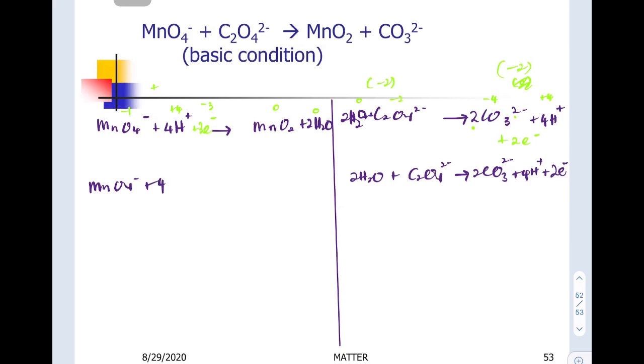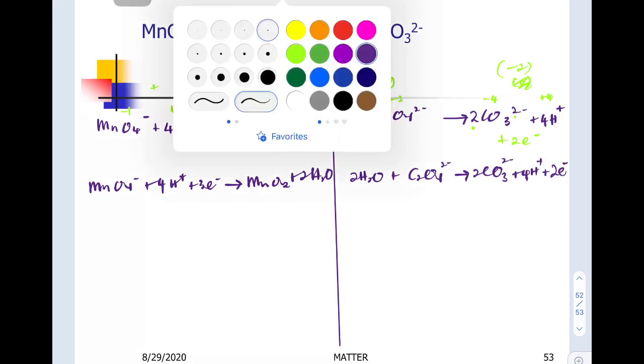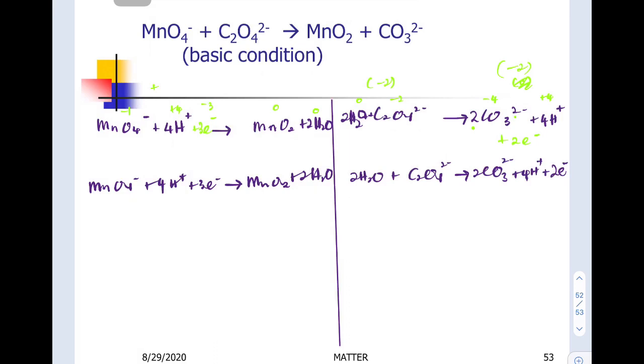As for the first half equation, it will be MnO4 minus plus 4H plus plus 3 electrons turns to MnO2 plus 2H2O. Now we want to combine these two half equations. We have to make sure that the number of electrons is balanced. So to balance them, we multiply the second equation with 2 and the first with 3.